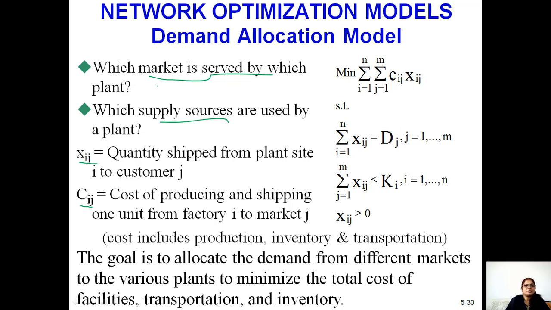Xij is the quantity shipped from plant I to customer J. Cij is the cost of producing and shipping 1 unit from factory I to market J. So if we multiply Xij with Cij, it becomes the total cost of producing and shipping the entire quantity from I, the plant, to J, the customer. The goal here is to allocate demand from different markets to various plants while minimizing the total cost.